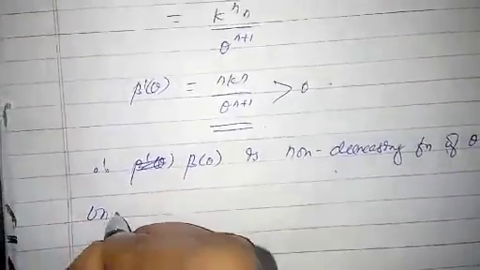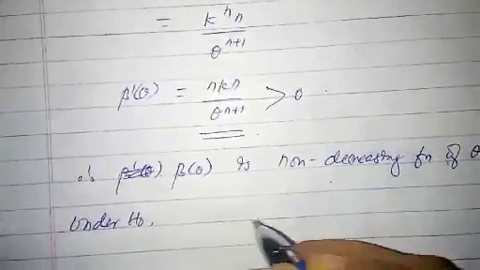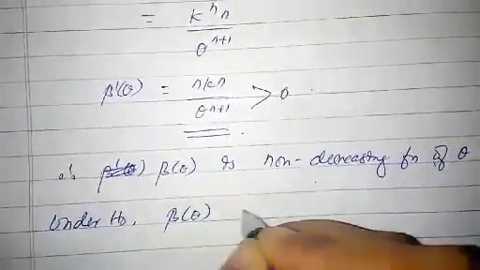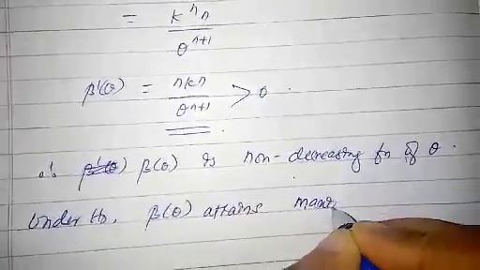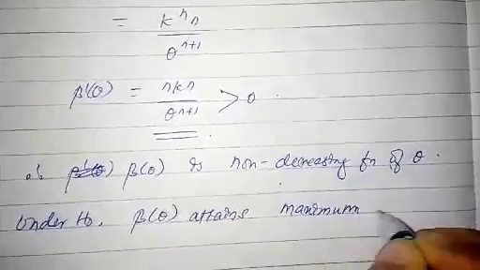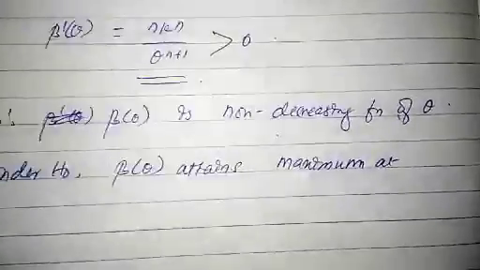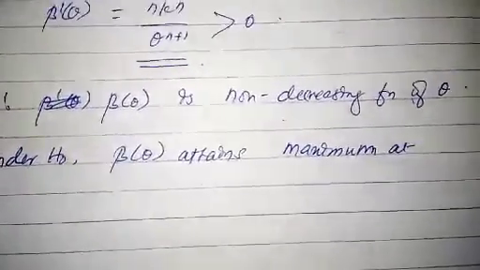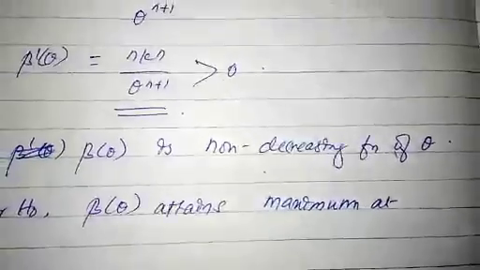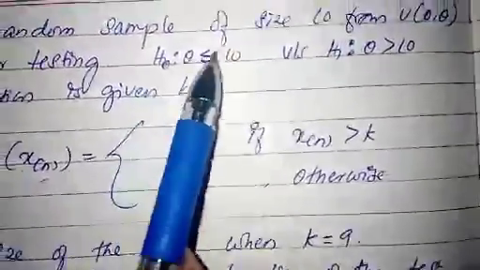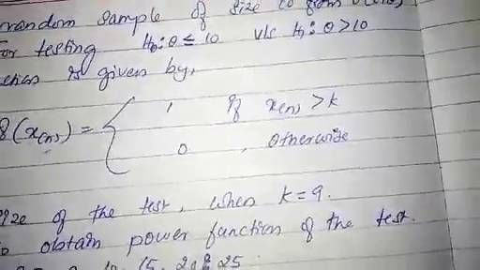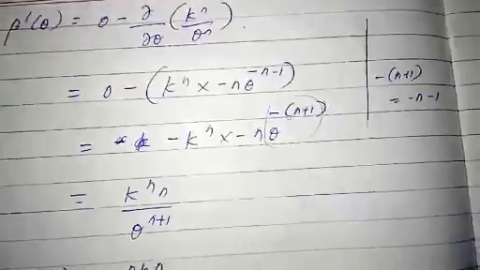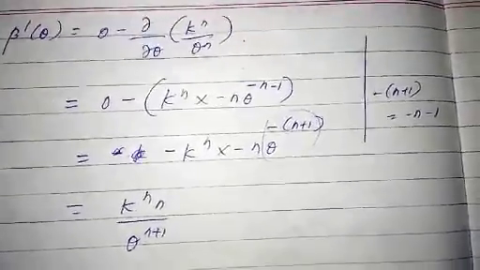Then under H naught, beta of theta attains maximum at which value? Here in the question, theta is less than or equal to 10, right?